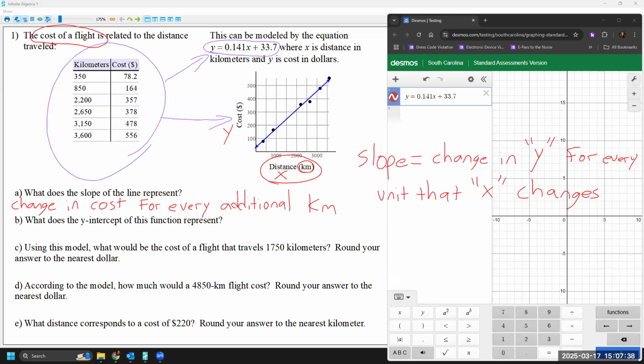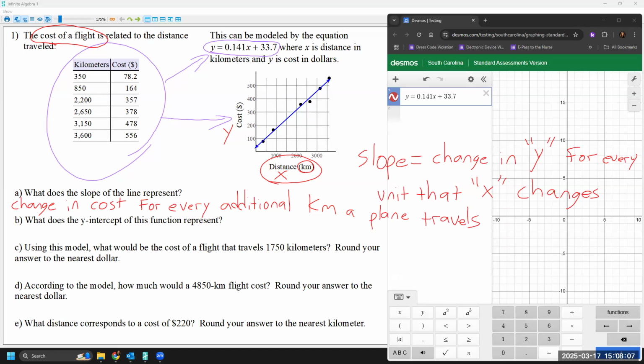So every additional kilometer a plane travels. There's not one specific way you could say that, but it's the change in y for every unit that x changes. That's what slope is. We'll do the first two, and hopefully, after we do the second one, that'll make a little bit more sense.